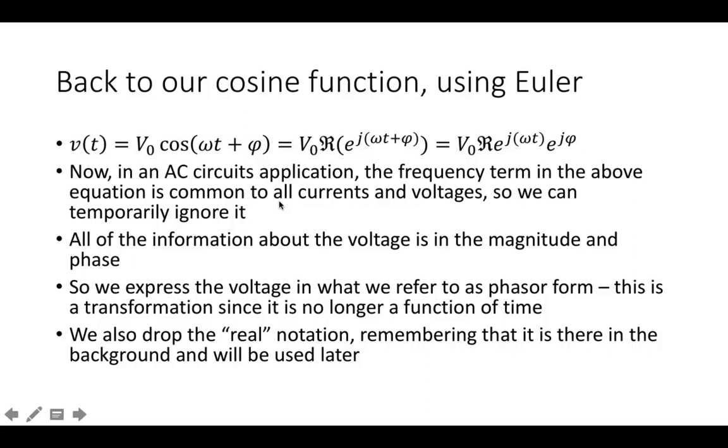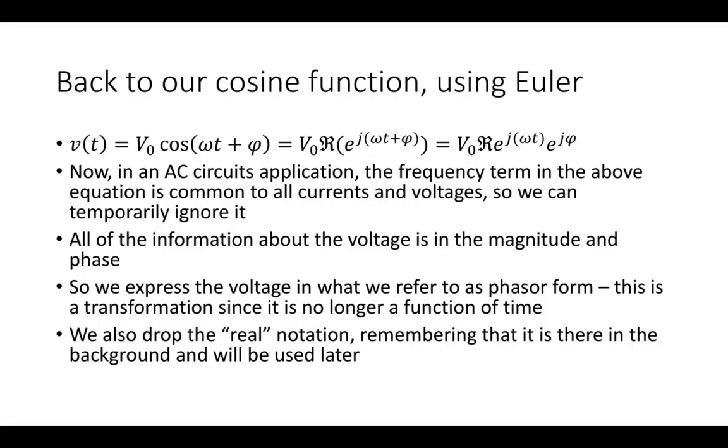If we can solve for the magnitude and the phase of every voltage everywhere, then we can just convert that back to a cosine function by adding an omega t plus phi inside the cosine and placing the magnitude in the front. So it is a way to simplify the solution, take us out of the trigonometric domain and the transcendental equations associated with that and into just complex number math.